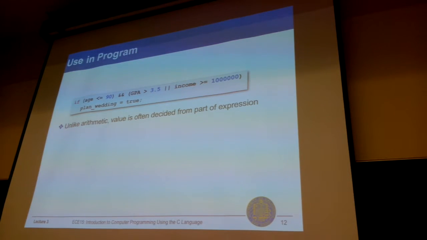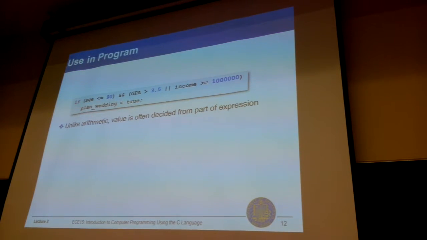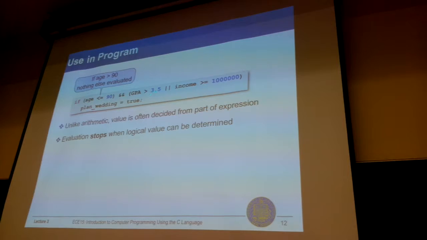So unlike arithmetic, the value is often decided from only part of the expression, right? As I mentioned earlier, evaluation stops when the logical value can be determined. So with this particular statement, if the age is greater than 90, then these other things don't need to be checked, right? Because regardless of what the GPA or the income is, you're probably not interested in marrying that person.